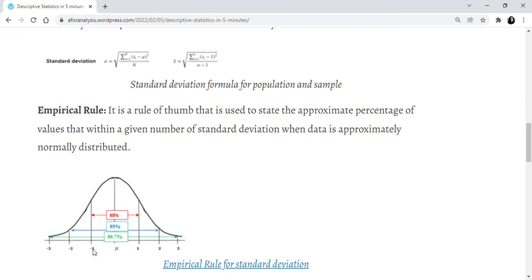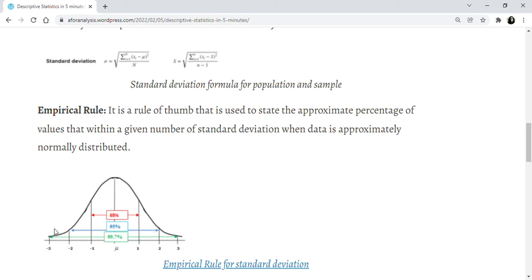if we take the range from -1 standard deviation to +1 standard deviation, in this range 68% of the total data would lie. And if we broaden this range from -2 to 2 standard deviations, the percentage of data would become 95%.